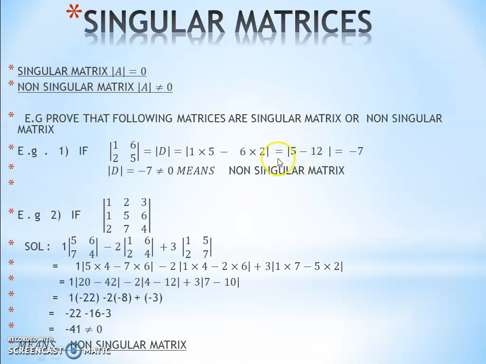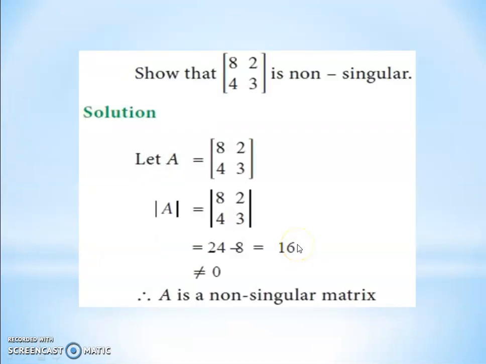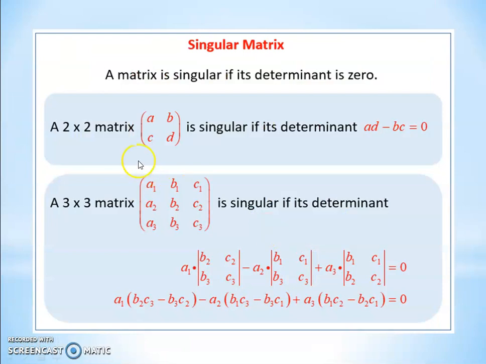And we revise the 2 by 2 order matrices. We take the cross multiplication, AD minus BC. In a 3 by 3 order matrix, how do we find the determinant? We skip the first row and first column: A1 into (B2 C3 minus B3 C2).